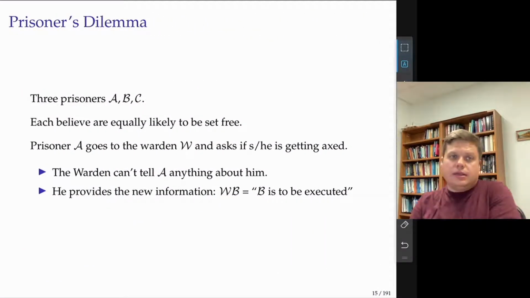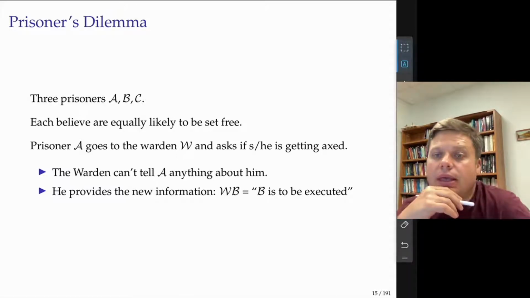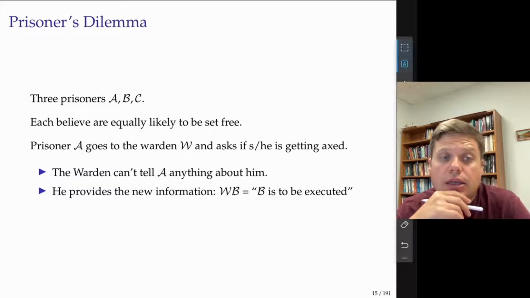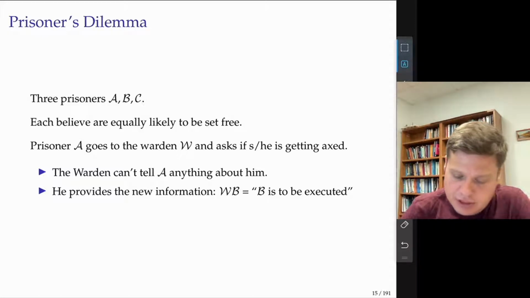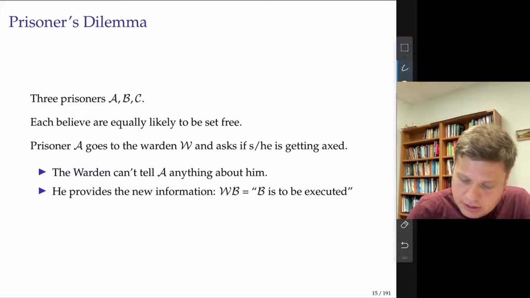Let's talk about another example, which is called the prisoner's dilemma. There are 3 prisoners, A, B, and C, and each believes they are equally likely to be set free. So each thinks their probability of going back home is 1/3.